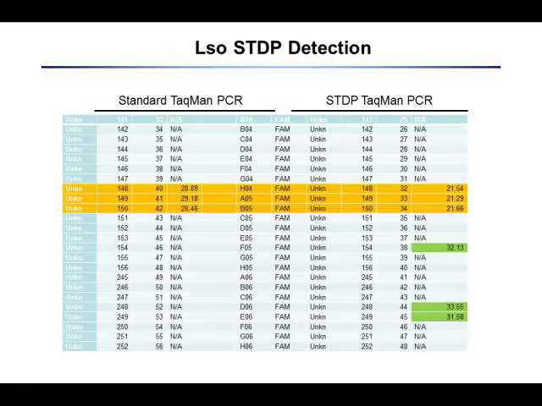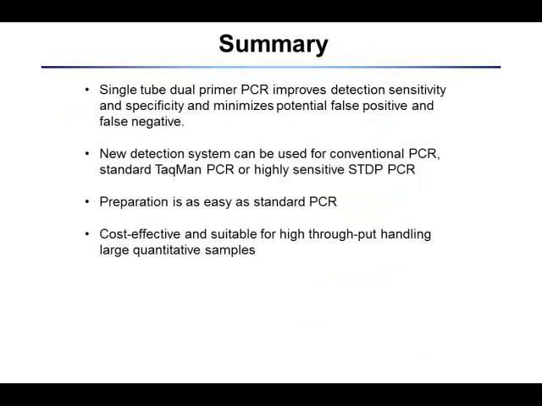So we conclude that this single-tube PCR indeed increases the specificity, and also helps minimize potential false positives and false negatives. And this detection is easy to work with, it is one single reaction, and the only additional cost is one pair of outer primers. So it is specifically suitable for this low titer situation.